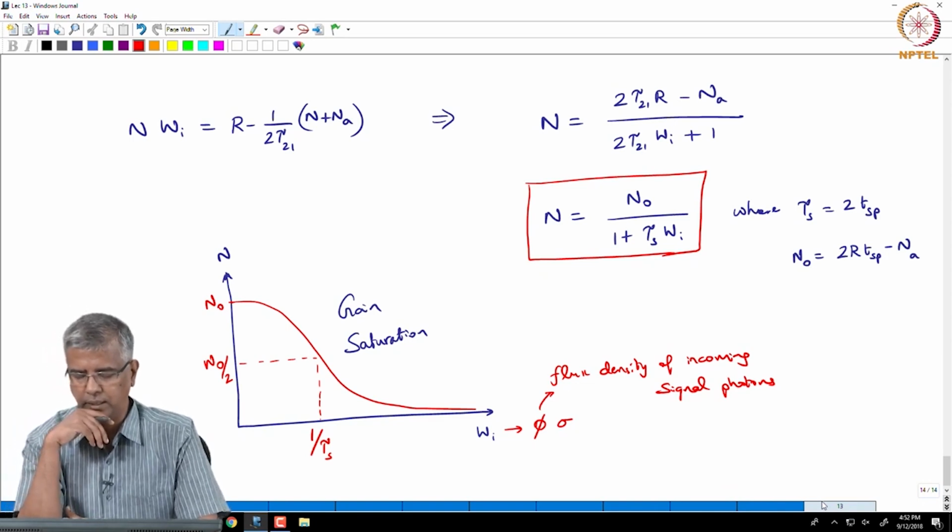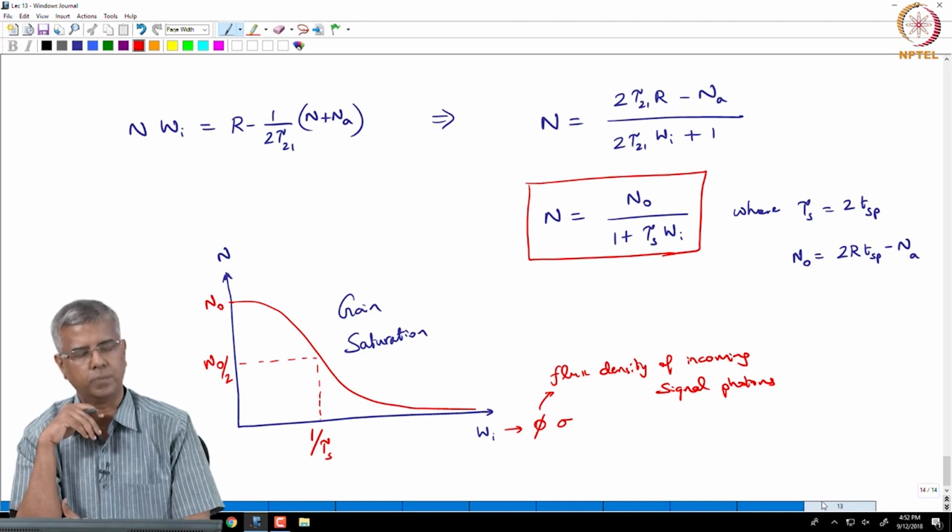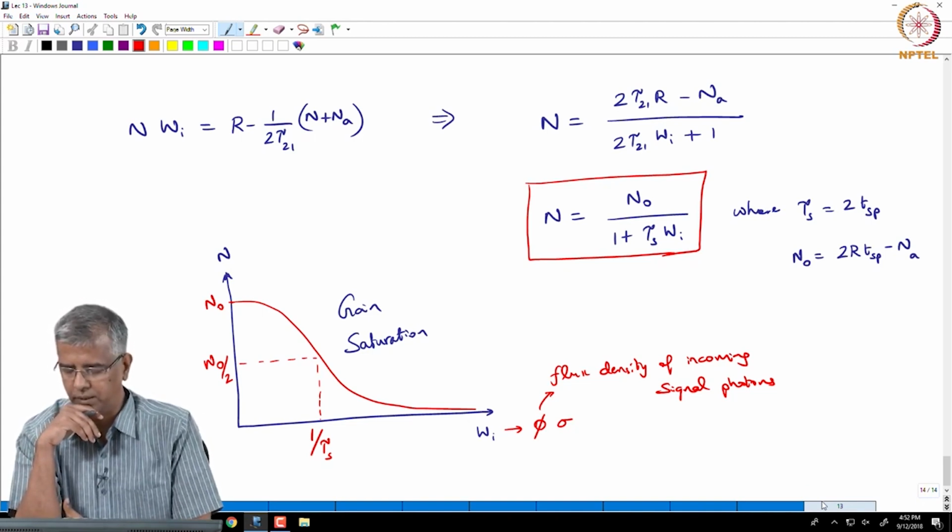And then we got an expression for n naught as well. So, we stopped at this point where we derived an expression for n naught, which depends on R, where R is what? What does R correspond to?